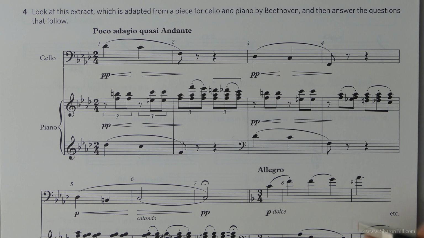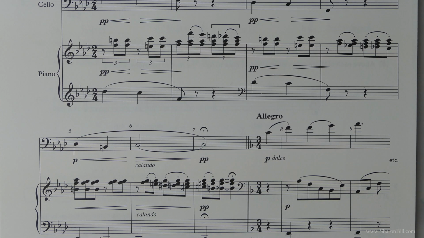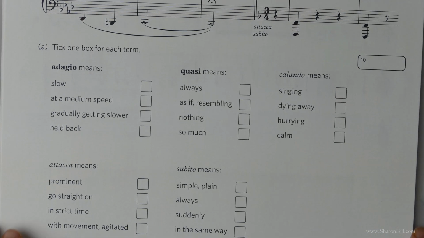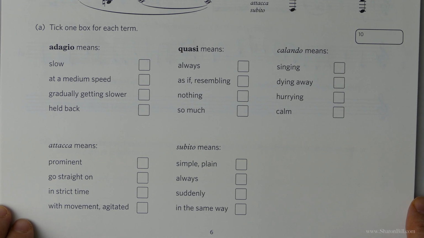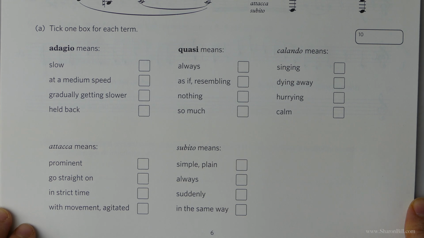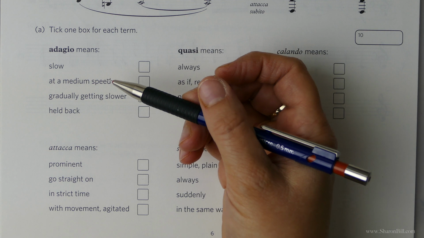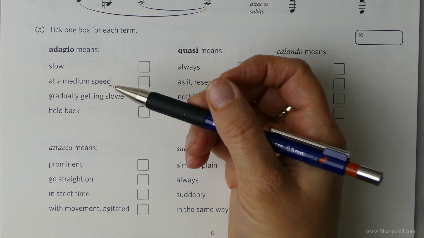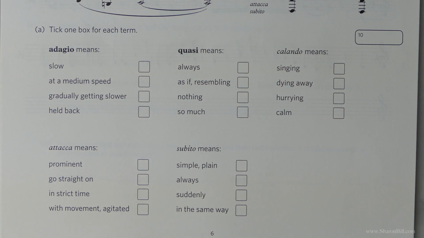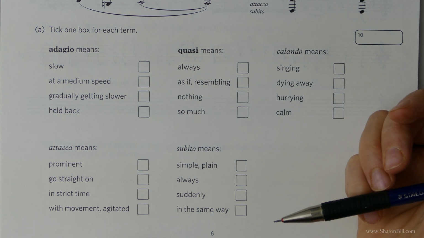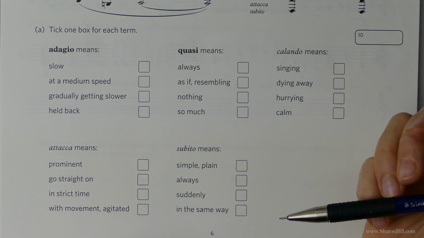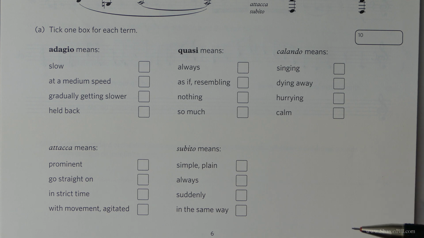And so we have an extract of music here by Beethoven, very yummy, and we have some musical directions, some performance directions and terms here. Now bear in mind, these could be anything from grades 1, 2, 3, 4 or 5. All of those grades are now required to be known, so there's nothing for it but a healthy chunk of revision.